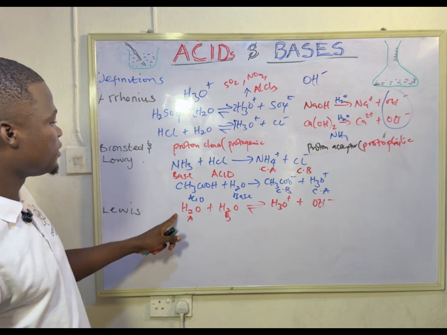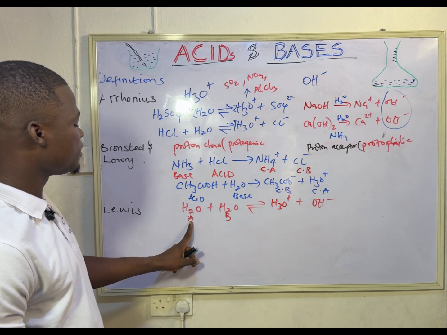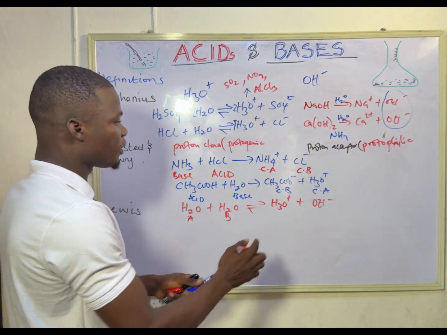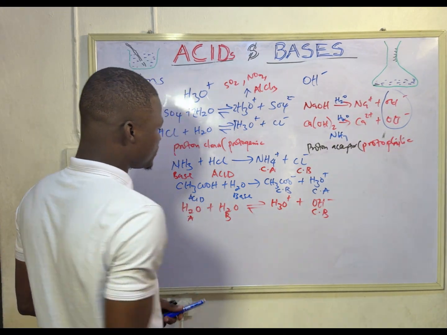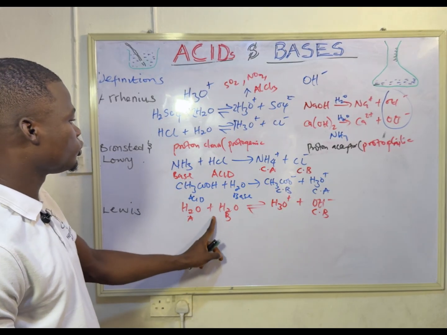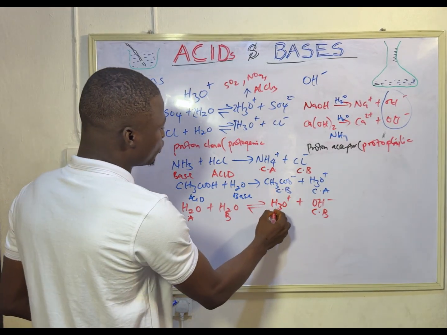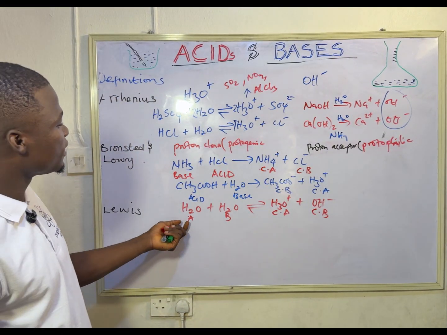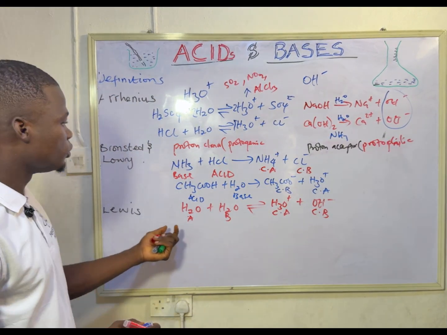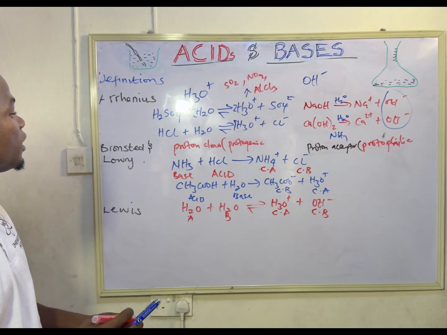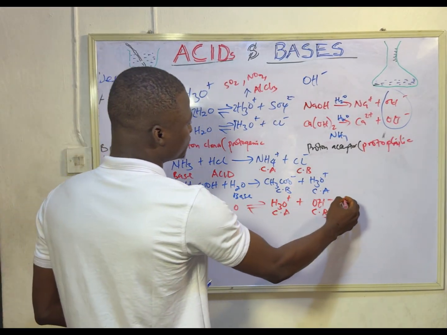When this is our acid, this acid has donated its proton to this to become this. So this is the conjugate base of this acid, while this base accepts this proton to become this. So this will be the conjugate acid. Now in this case, water is performing the role of an acid and a base, so we can refer to it as being amphoteric.